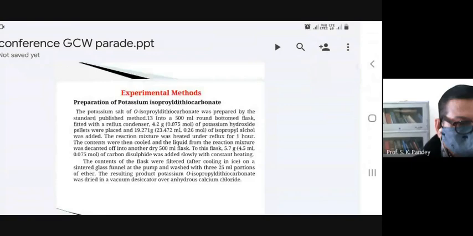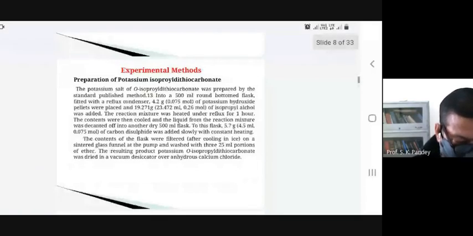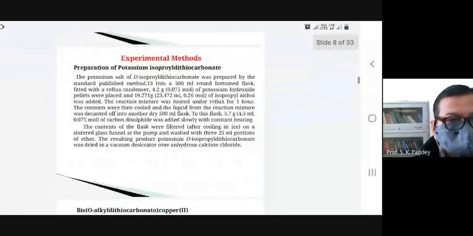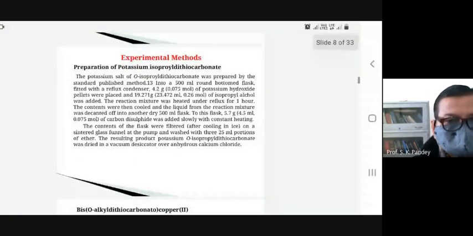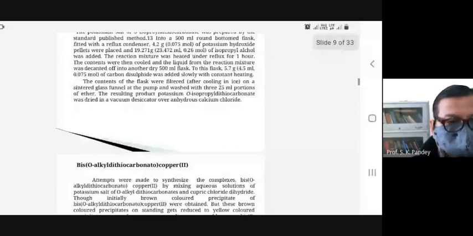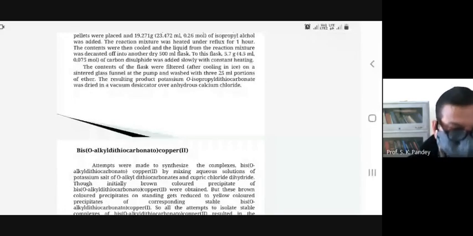The reaction mixture was heated under reflux for 1 hour, and the contents were then cooled, and the liquid from the reaction mixture was decanted off into another dry conical flask. To this flask, we add 0.05 moles of carbon disulfide, and the flask contents were filtered on a sintered glass funnel at the pump and washed with ether in order to dry the product.